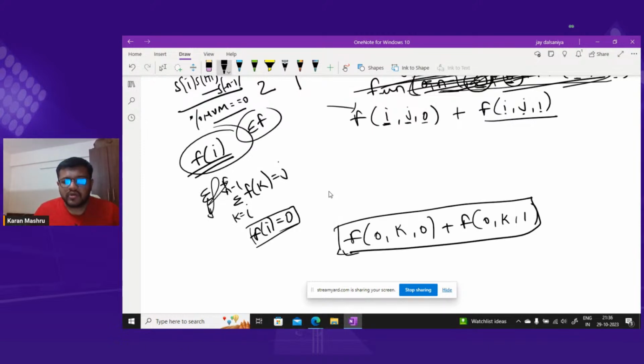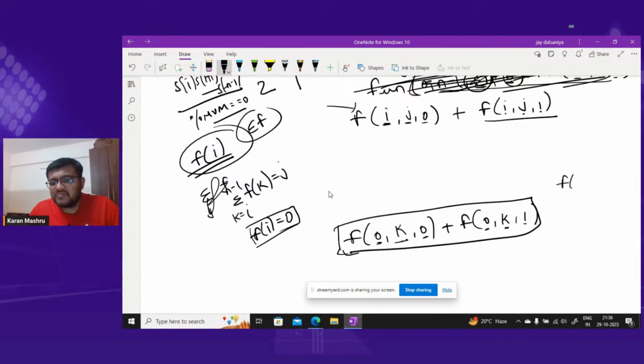This I will call initially, okay? What does this say? Consider all the suffixes starting with index 0, where the suffix starting from index 0 has XOR 0, and the summation of f values of all the suffixes starting with index 0 is k. Tell me all such combinations, plus consider all the suffixes starting with index 0 where the summation of f value is k, and the suffix from 0 to n minus 1 itself has XOR value 1, right?